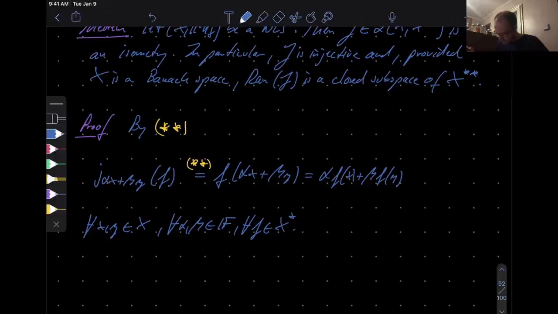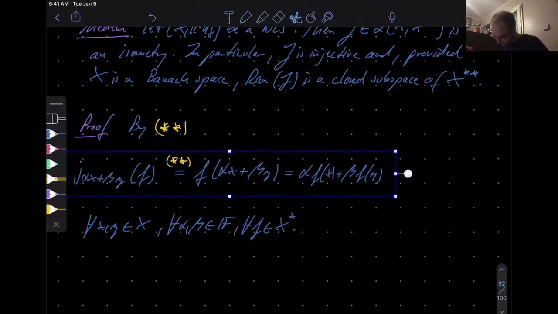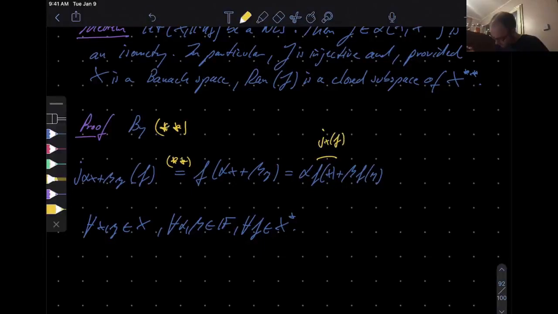Oh my, I'm running out of space. And now you use that, well, this is your jx of f, and this is your jy of f, and then you use the pointwise definition. So you have alpha jx plus beta jy acting on f. Right.